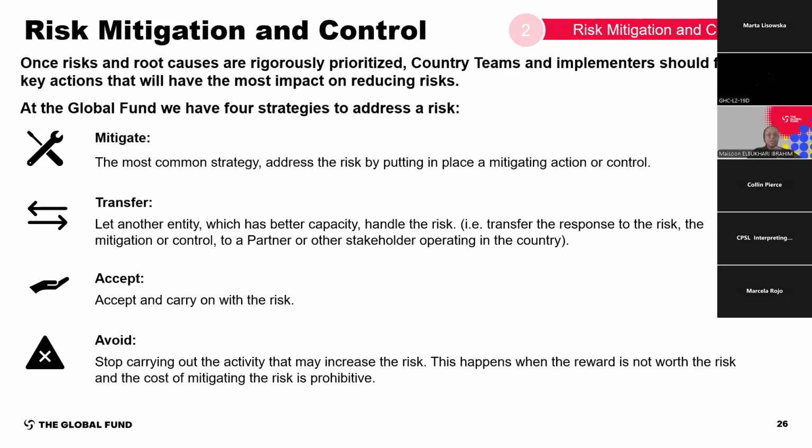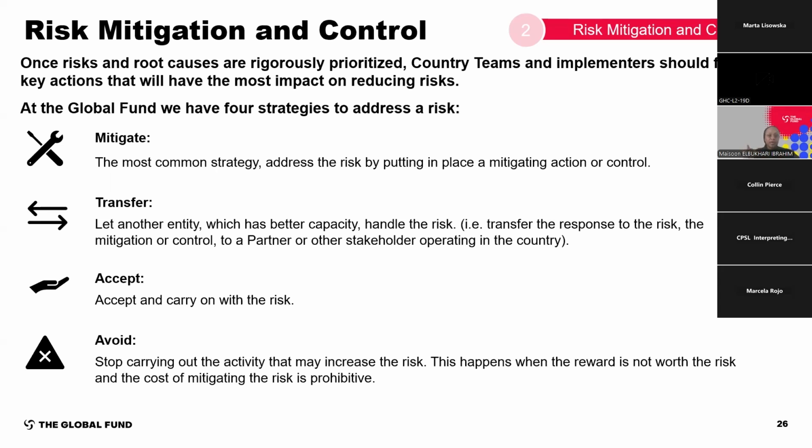So for example, if you take the example of the flooding and the poor storage conditions, in a short duration, maybe we don't have the resources, or it's not feasible to upgrade the storage of the warehouses or the storage capacities that we have. So we usually transfer that risk to an entity. So we outsource maybe storage to another entity while we are investing in building the storage capacity.